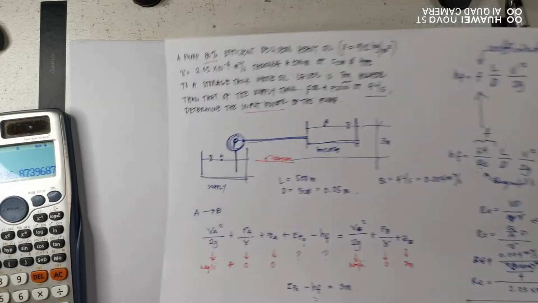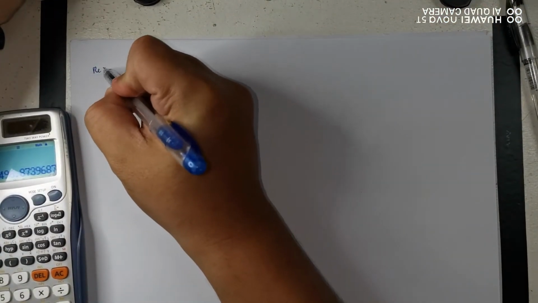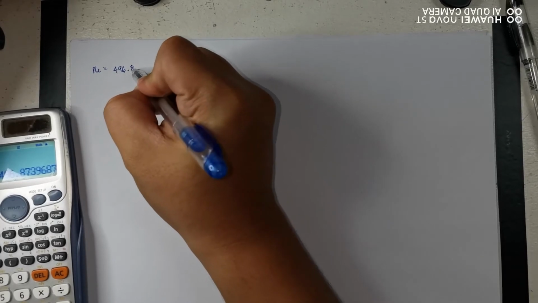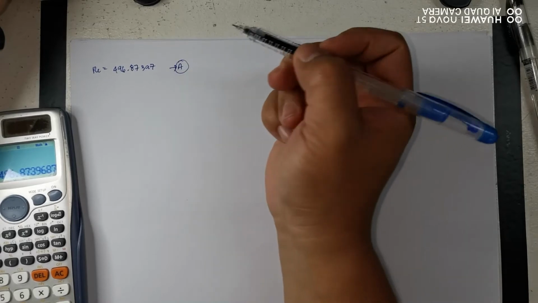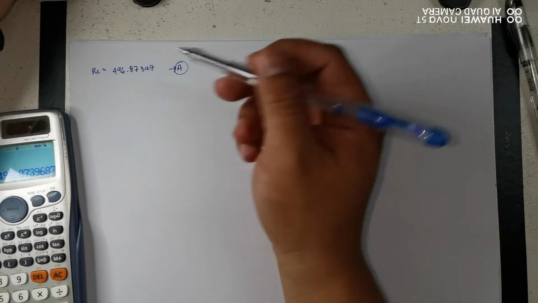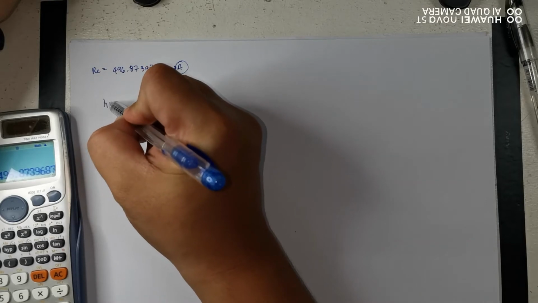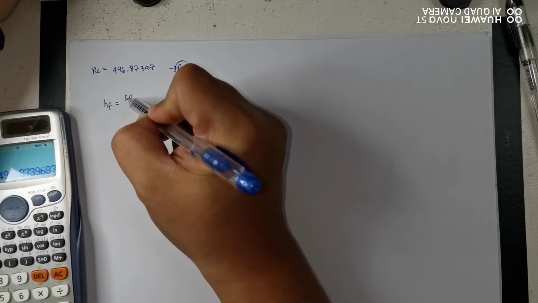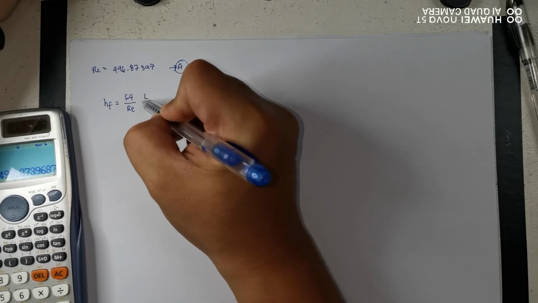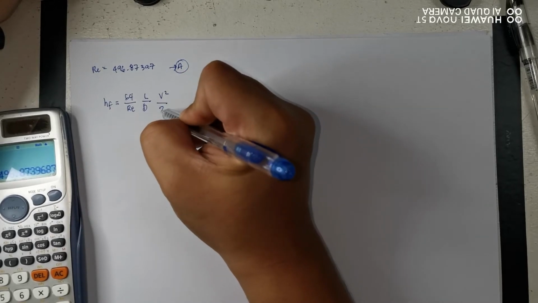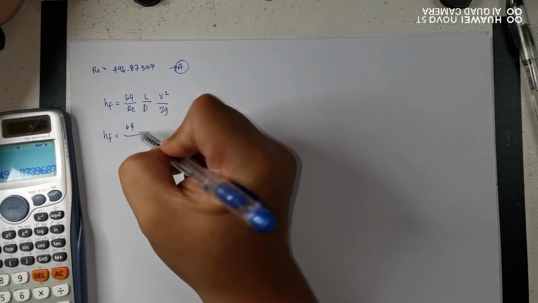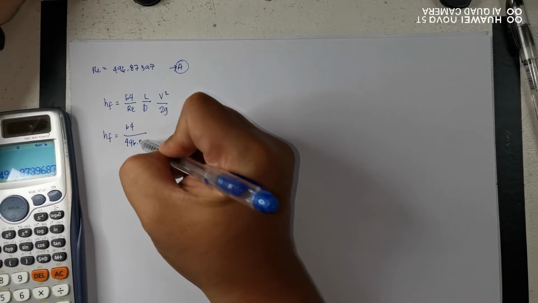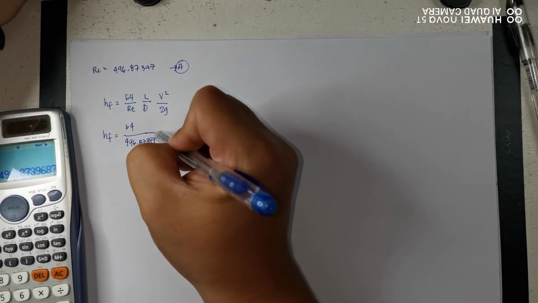So kopyahin ko lang itong meron tayong values na RE is equal to 496.87397 na nakastore sa A. Tapos gagamitin natin siya sa formula na HF is equal to 64 over RE L over D V squared over 2G. So HF will be equal to 64 over 496.87397.